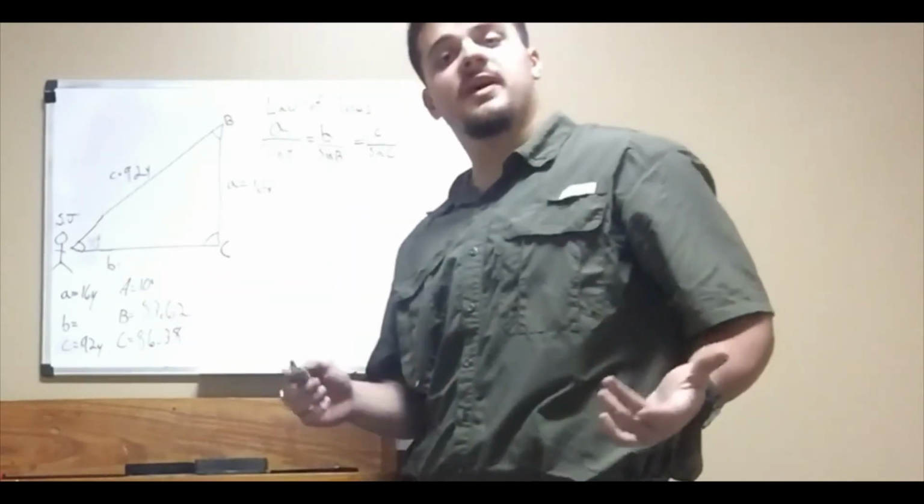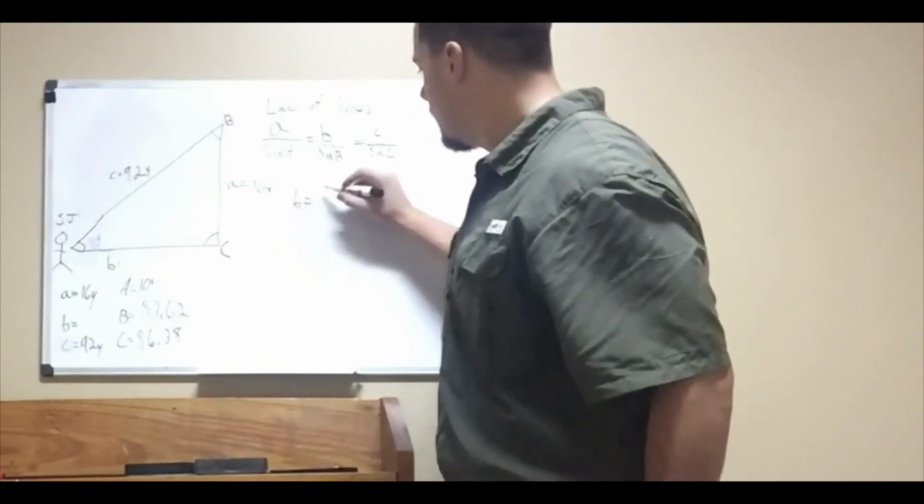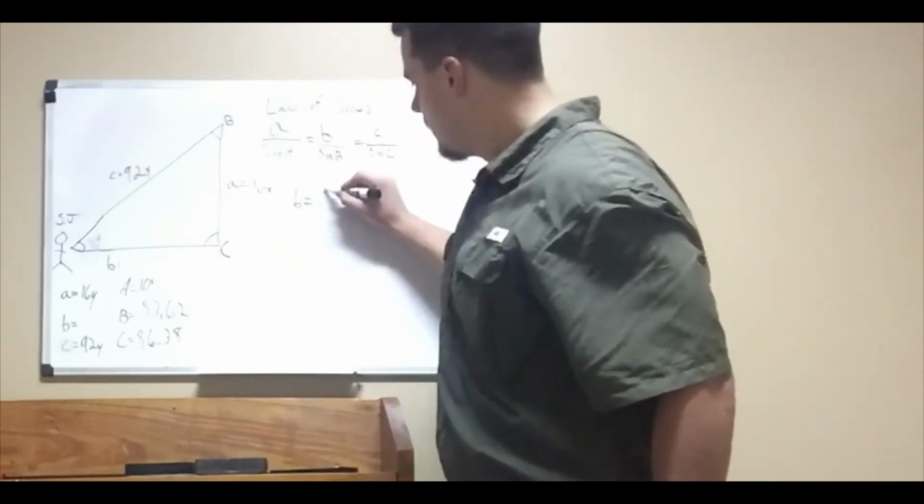And when we're finding side B, we have to convert it so it will look a little bit something like this.